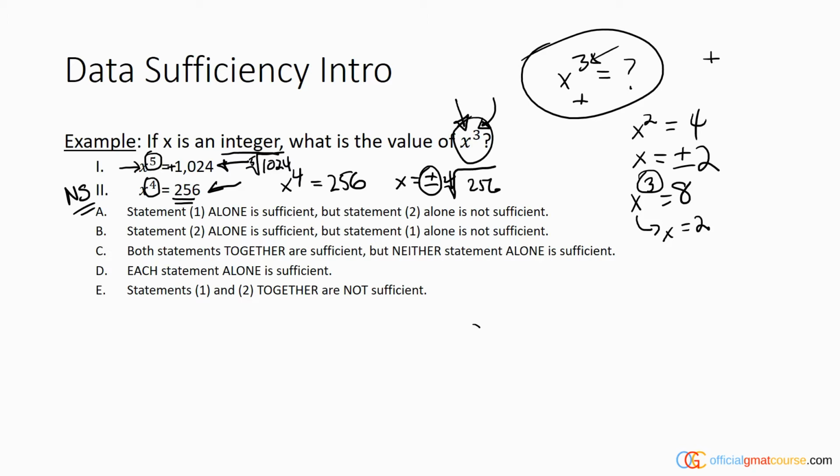So there's only one number that taken to the fifth power gives you 32. That's the number 2. 2 to the fifth power is 32. It doesn't matter what number I put over here. There's always only going to be one solution if it's a single variable to an odd exponent. So statement 1 is definitely sufficient, and that leads us to answer choice A. Statement 1 alone is sufficient, but statement 2 alone is not sufficient.